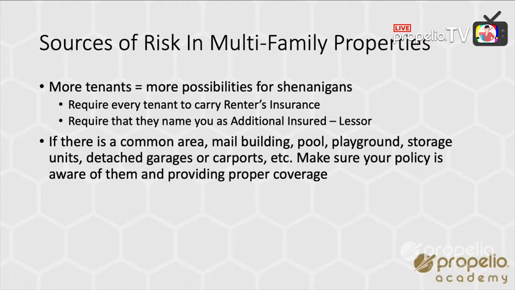If there is a common area, a mail building, a pool, playground, storage units, detached garages or carport, or anything other than the structure itself, you want to make very sure that your agent is making allowances and planning for those extra risks. Each one of those things has its own specific risk that you want to make sure you are either covering for or you're saving cash reserves on the side if you don't want to have insurance cover for all of those things.